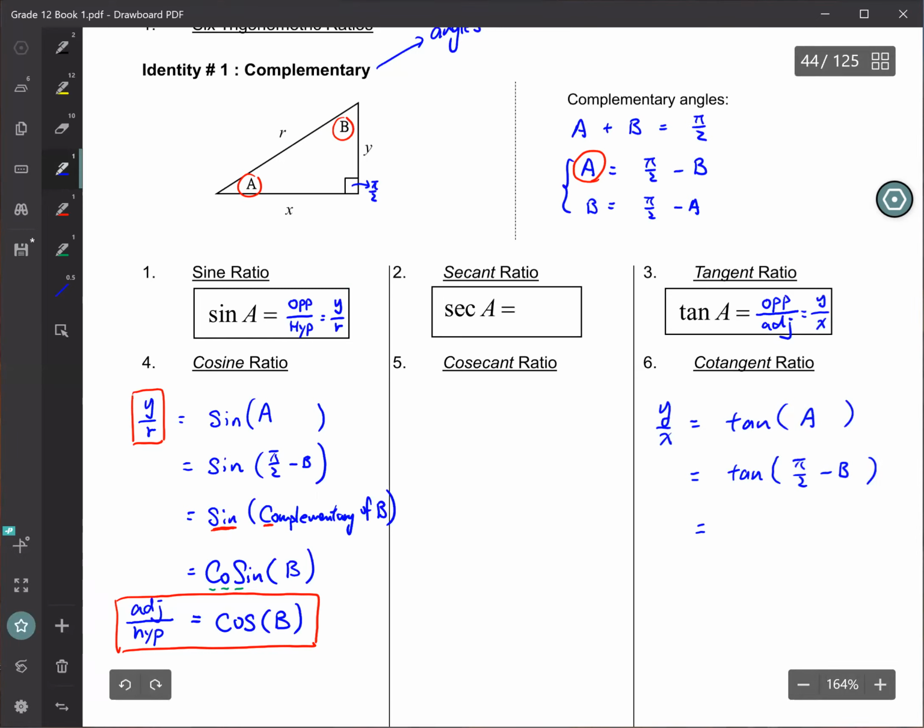And then the next line, we're going to write it in sentence, right? So it'll be tangent of, okay, what do we put inside the bracket now? Eric? What do we put inside now? Complementary of B. Yep, very good.